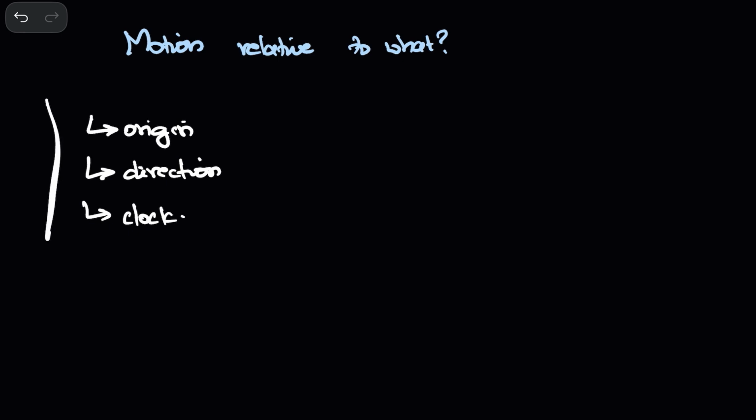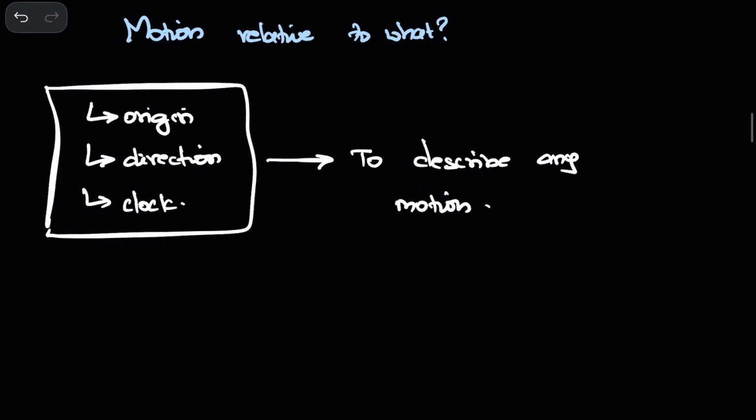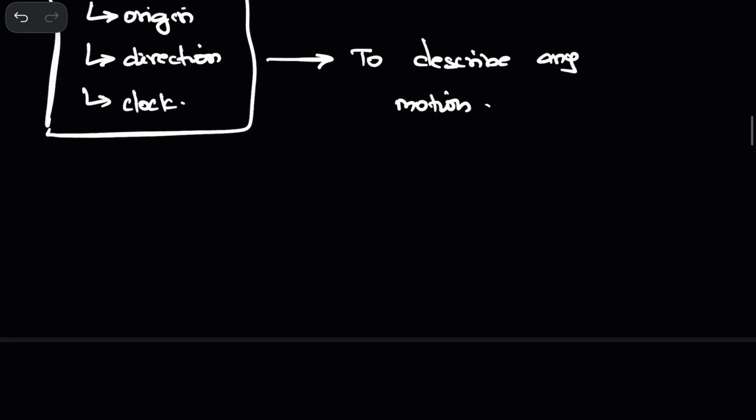So in order to describe any motion, you would need these things. Now, I want to explain the need for the origin, the direction, and the clock. But let's get started with the origin.